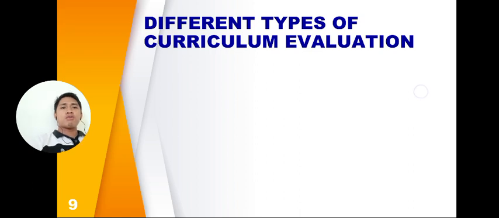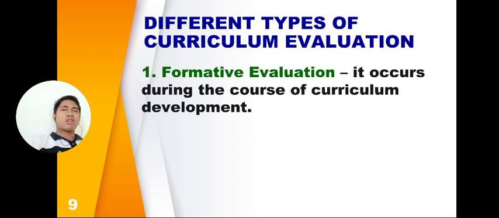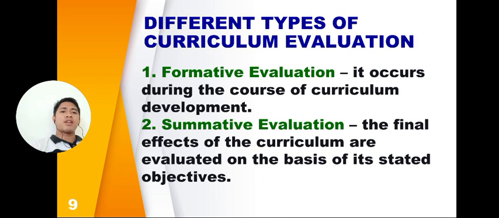So, different types of curriculum evaluation. So we have formative evaluation. It occurs during the course of curriculum development, no? Second, we have summative evaluation. The final effects of the program are based on the stated objectives.